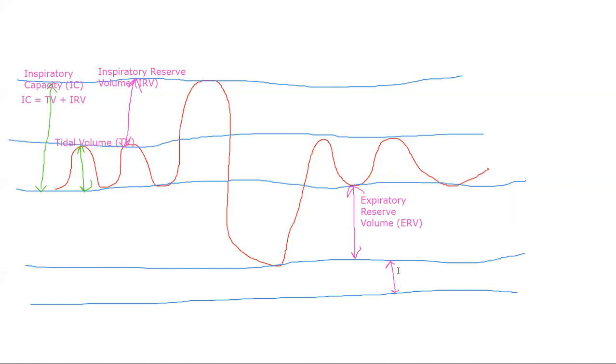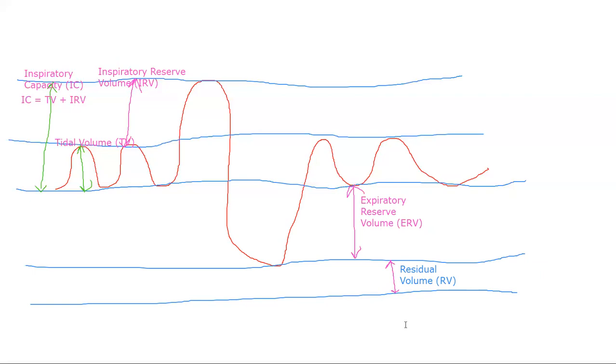This is called residual volume. Residual volume is the amount of air in your lungs after a maximal expiration.